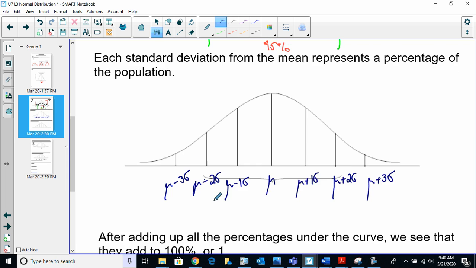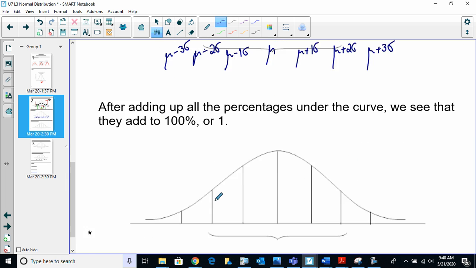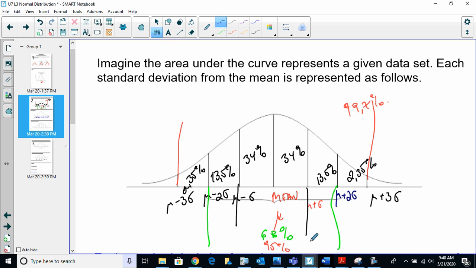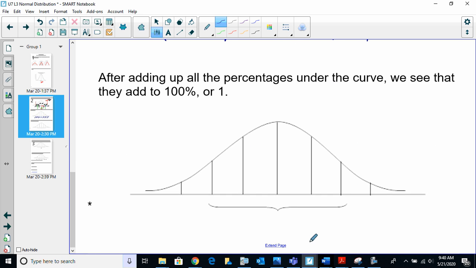And when you add up everything up to 3 standard deviations, you will have almost 100%, or 99.7%, which is everything, all the data that you have taken into consideration.